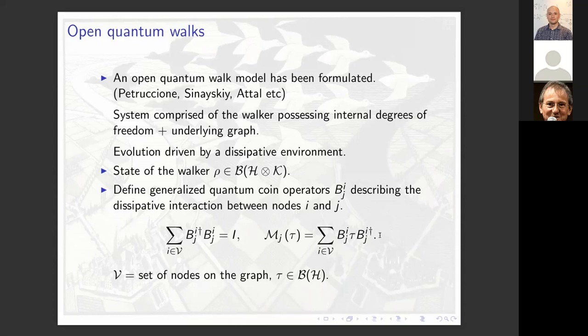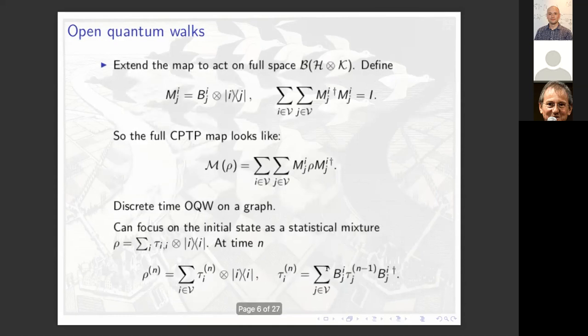So that's the map happening on just this space H. Now we can extend the map to act on the full Hilbert space, because we also want to describe the actual movement on the graph, not just the transformation of the internal degree of freedom.